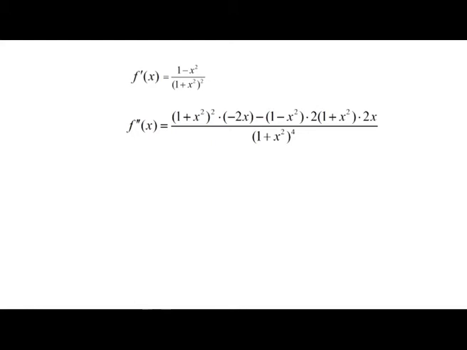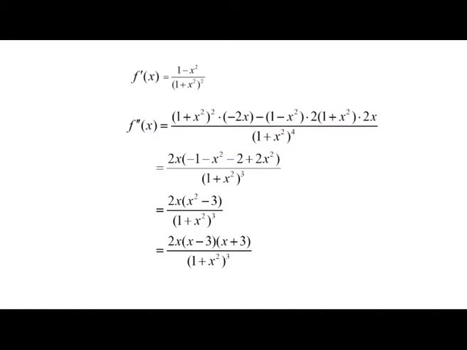f double dash of x equal to 1 plus x square whole square into minus 2x minus 1 minus x square into 2 times 1 plus x square into 2x whole divided by 1 plus x square whole to the power 4, which is equal to 2x into minus 1 minus x square minus 2 plus 2x square whole divided by 1 plus x square whole to the power 3, which is equal to 2x into x square minus 3 divided by 1 plus x square whole cube, and which is equal to 2 into x minus 3 into x plus 3 divided by 1 plus x square whole cube.